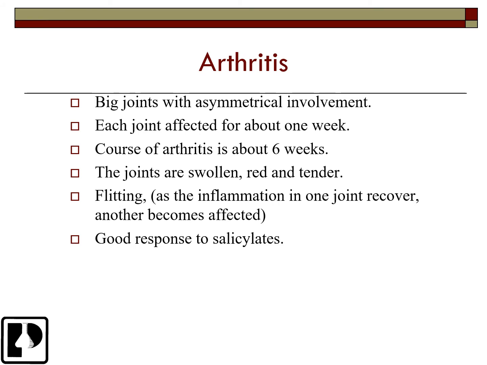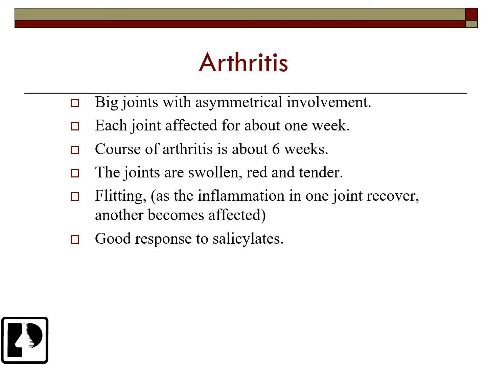Arthritis. What is the characteristic of arthritis in rheumatic fever? First, big joints with asymmetrical involvement. It takes the hip joint, the knee joint, the ankle, the shoulder, and so on. Asymmetrical involvement means that not both joints are affected at the same time, not both knees, not both shoulders, and so on. Each joint is affected for about 1 week. This is very important.